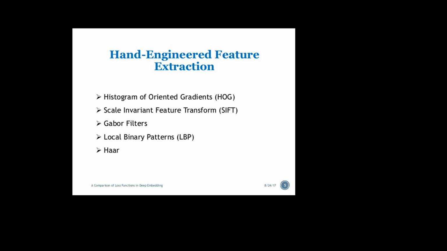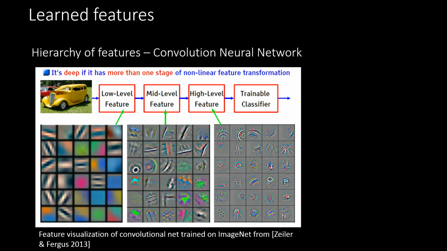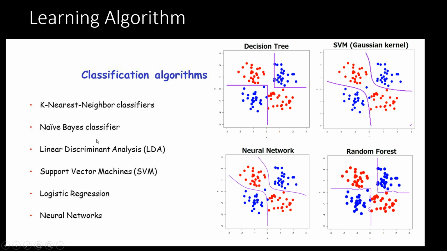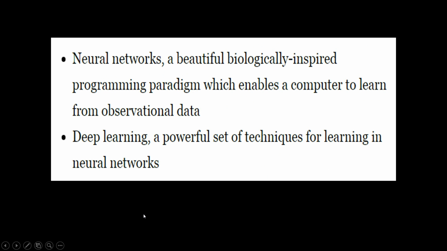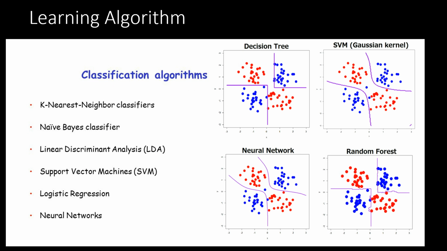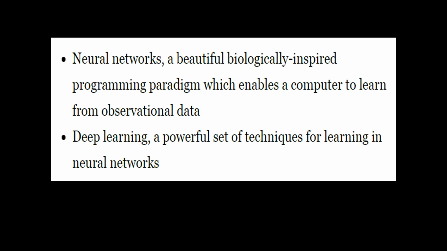A lot of researchers have done a lot of experiments and finally come up with these: HOG, SURF, Gabor filters, local binary patterns, or HAAR, etc. We can also obtain features by learning them. This comes in deep learning by using CNN. Then we have a lot of learning algorithms like KNN, naive Bayes classifier, LDA, SVM, very famous, logistic regression, or neural networks. So this is how basic ML works. We get features and we fit them into a learning algorithm.